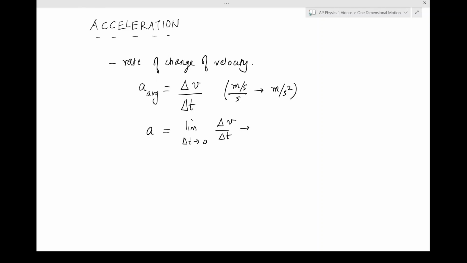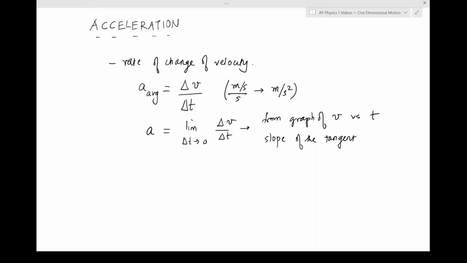If you're given a velocity versus time graph, we can find this acceleration by calculating the slope of the tangent line, just like we found the instantaneous velocity by calculating the slope of the tangent to the position versus time graph. So here, the instantaneous acceleration can be found by finding the slope of the tangent to the velocity versus time graph. There are a few things that we need to understand.